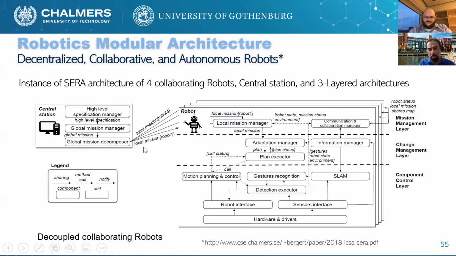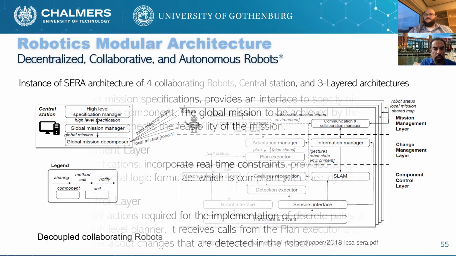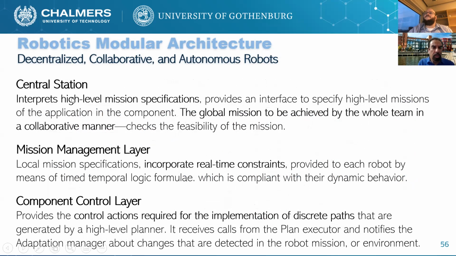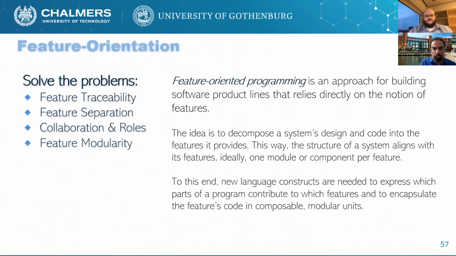There was a video, there is no time to show it, that shows the collaboration across these robots designed within three architecture layers. Here is the central station, where you do all the mission specification and supervision, the mission management layer and control layer. It explains what they are doing.